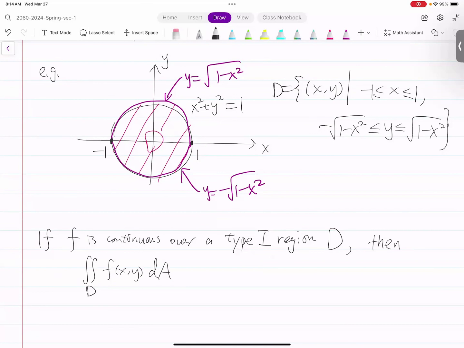So the double integral over the region D of f of x, y, dA is, now we see that x is between a and b, and y is cut between two functions relying on x, right?